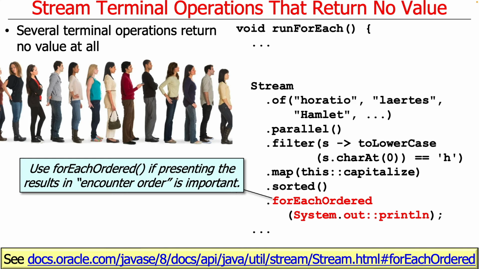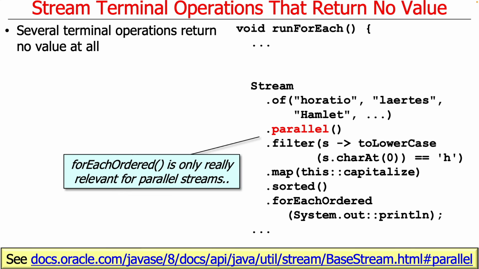In contrast, as we'll see, if you don't have a parallel stream, this doesn't really matter for the most part, but if you have a parallel stream and you use forEach, then the results being presented may not preserve encounter order, but if you do use forEachOrdered, it will preserve the encounter order. So this really only matters for parallel streams.